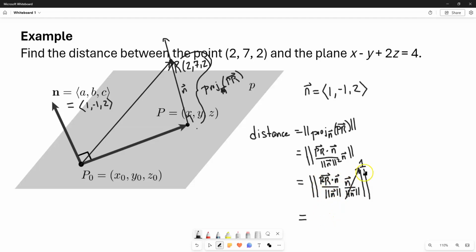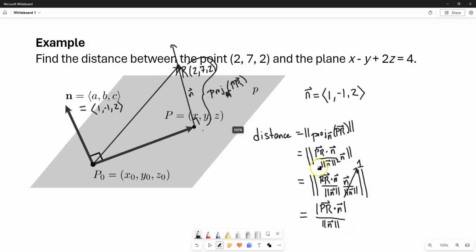Because we're talking about the magnitude here, we're just going to make it positive. So we take the absolute value of the PR vector dotted with n, divided by the magnitude of n. That ends up giving us the length, or the distance, from the plane to the point up here.